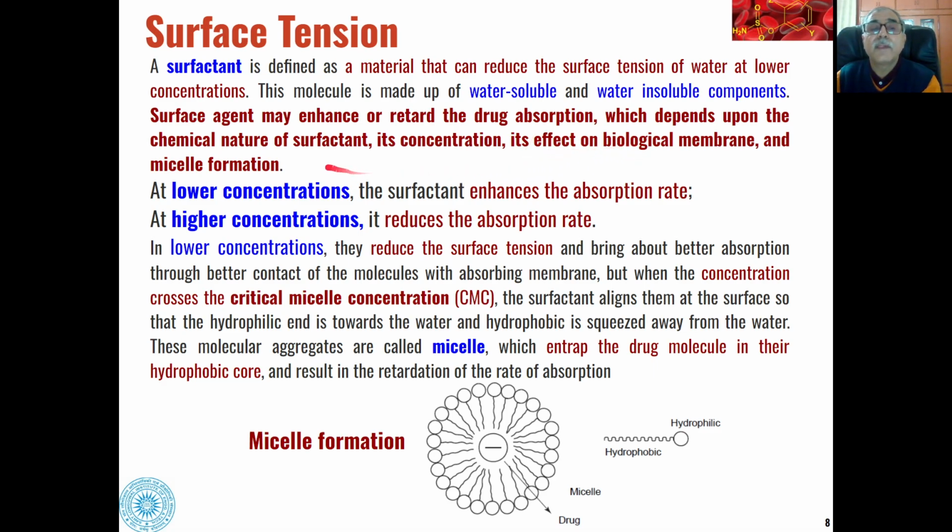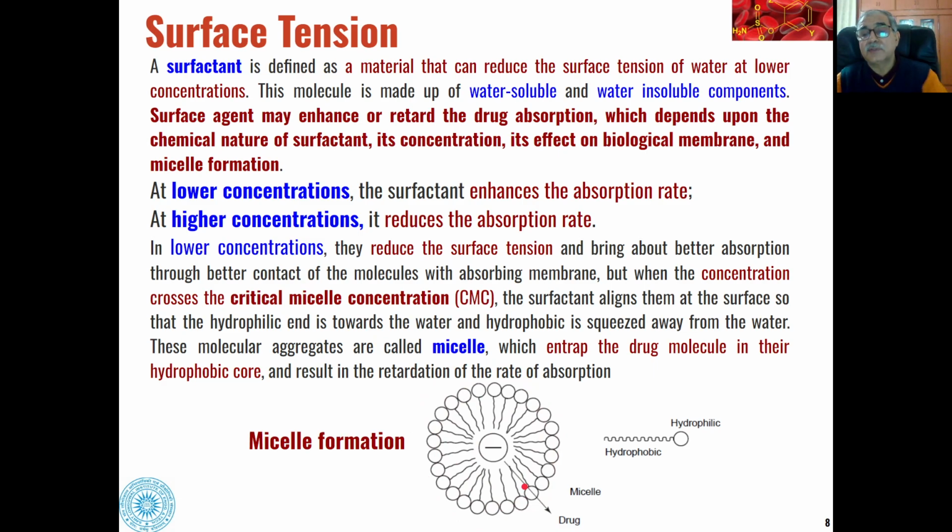So the increase or decrease of the drug absorption will depend upon the chemical nature of the surfactant which we are going to use as a drug, or its concentration, or its effect on biological membrane and micelle formation.